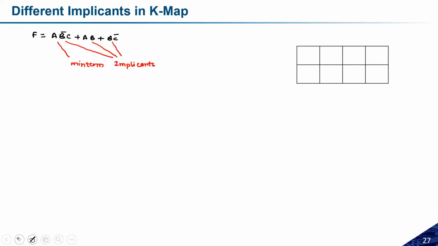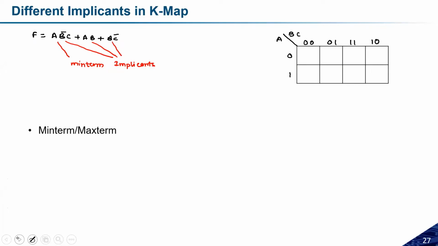Let us assume I have a three variable K-map, something like this: a, b, c, 0 1, 0 0, 0 1 1 1 and 1 0. The first term we need to understand here is the min term or the max term.